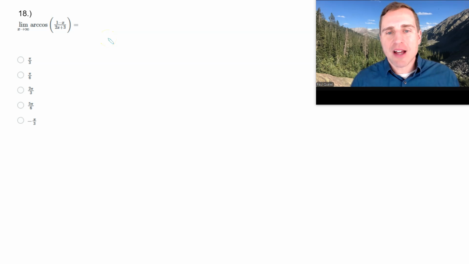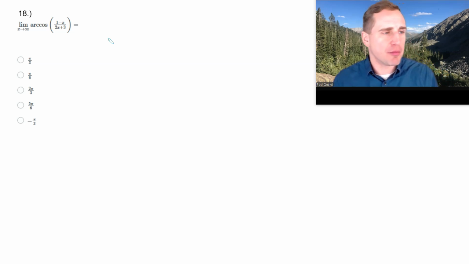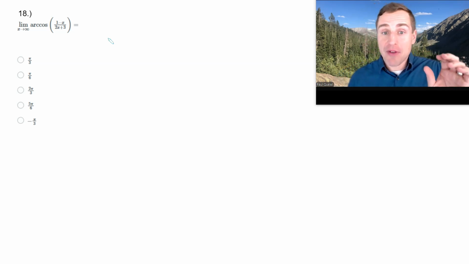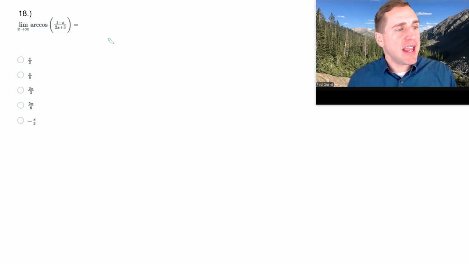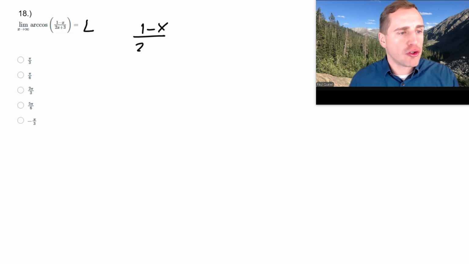Well, we've done this in other problems, but instead of using natural log, because that doesn't seem reasonable since we don't have something of x raised to something of x, I think we can call this limit L, and let's just take the cosine of both sides, because that eliminates arc cosine. So we could say (1 minus x) over (2x plus 3) is equal to the cosine of this limit.